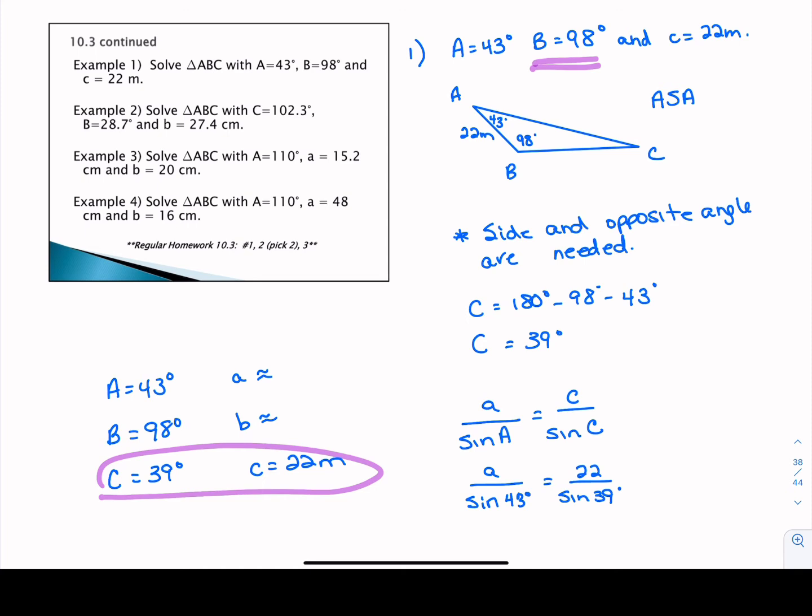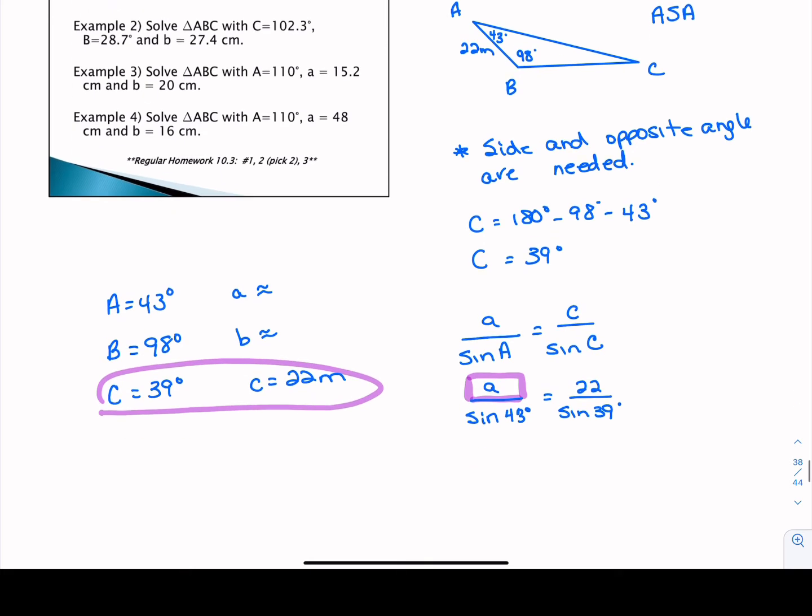To solve an equation like this quick and easy, you can use the cross multiply and divide technique, or if you prefer, you can clear fractions and work from there. But if A is my target, what I'm going to do is multiply the two things that are diagonal as given pieces of information. So I'm going to multiply 22 by the sine of 43 degrees.